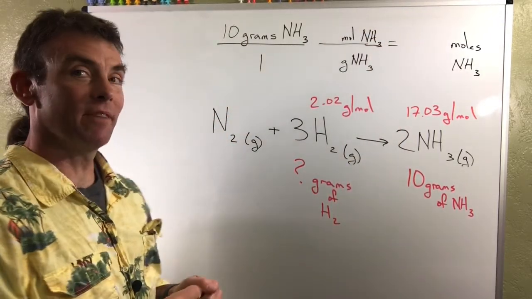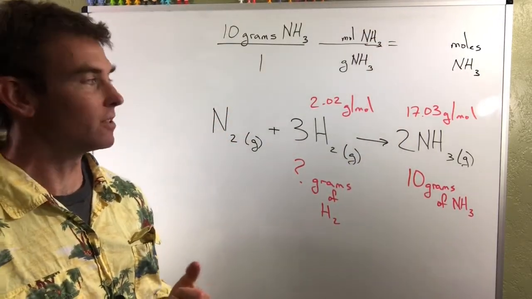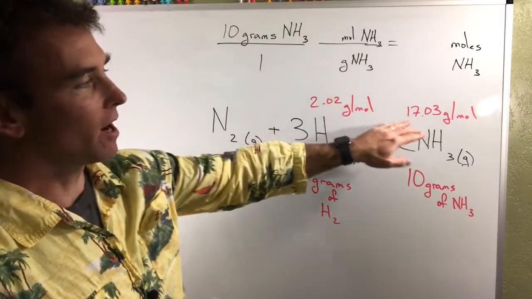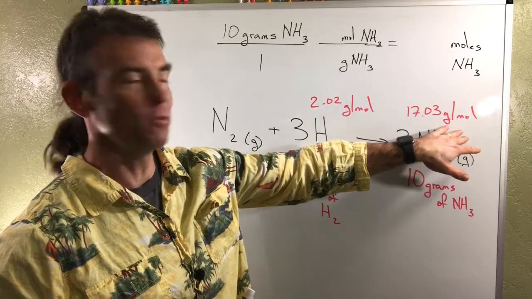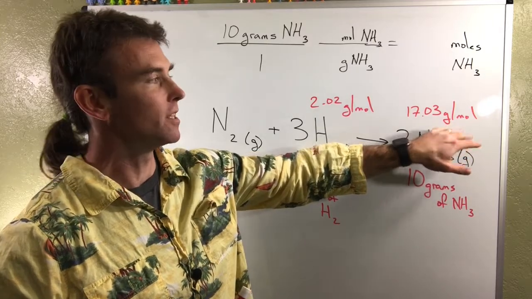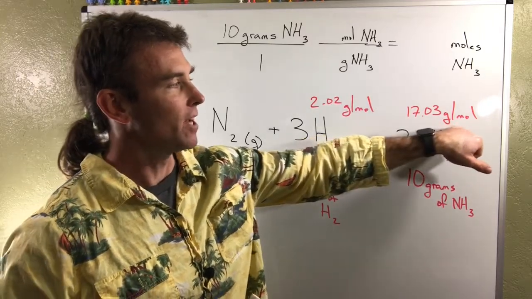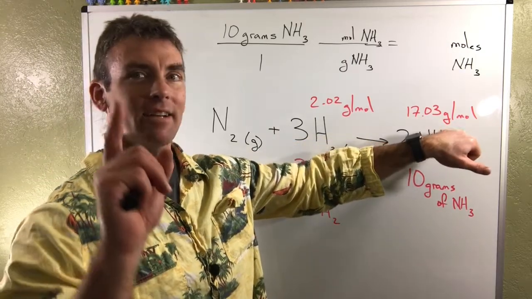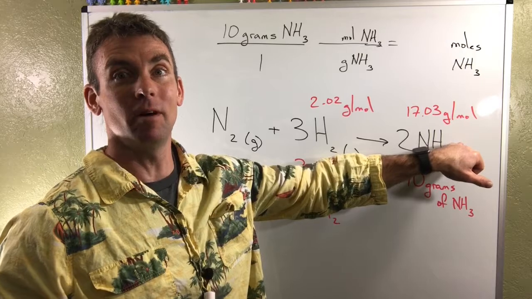And this is where I have to be careful that I use the right numbers. What number goes with grams? What number goes with moles? And that's where I remember how to do my gram to mole conversions, and remember that this information tells me that there are 17.03 grams in exactly 1 mole of ammonia.